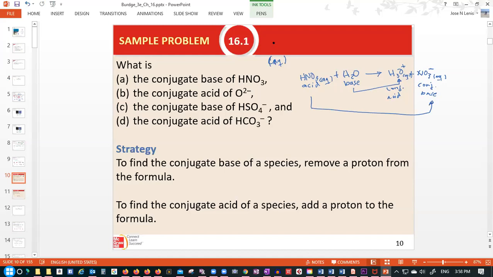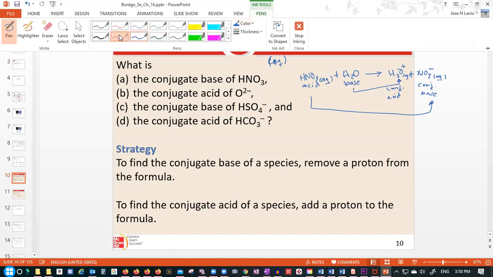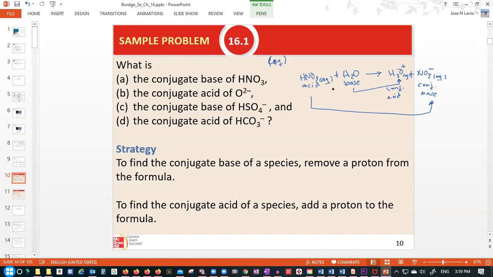I'll go a little bit further to classify as strong and weak. We classify HNO3 as a strong acid. Therefore, it gives off a weak conjugate base.